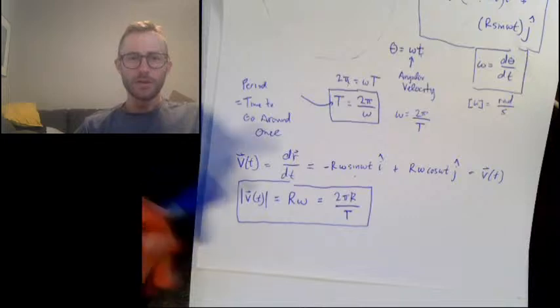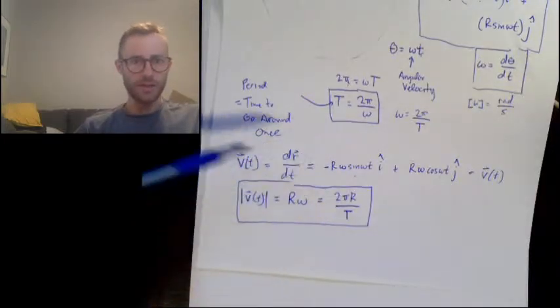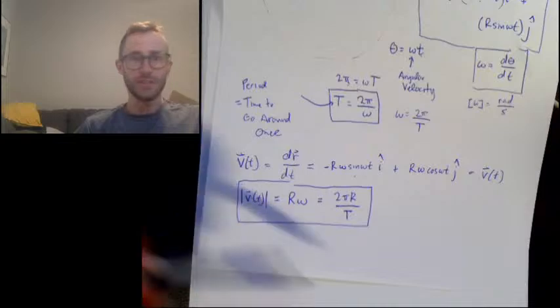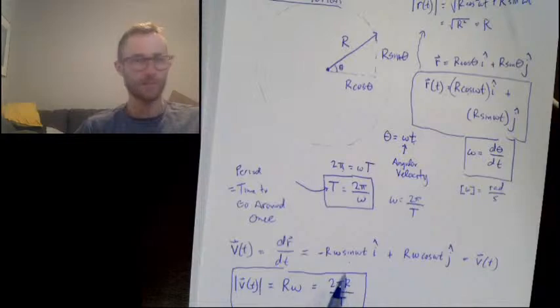I like this equation a lot because it says speed is distance over time. The distance around a circle is its circumference, which is 2 pi r, and the time it takes is the period. The distance traveled is 2 pi r, the period is capital T, we divide them, we get the speed. So these are two alternative equations for the speed.